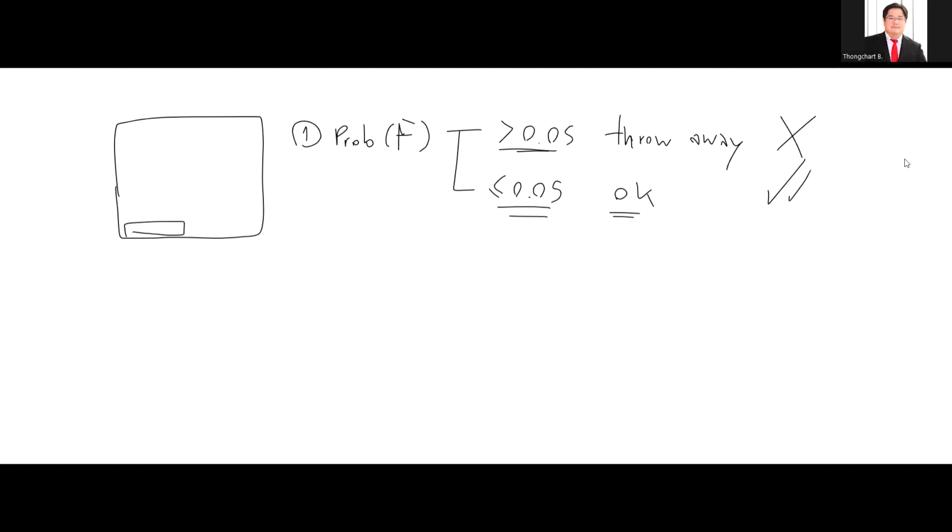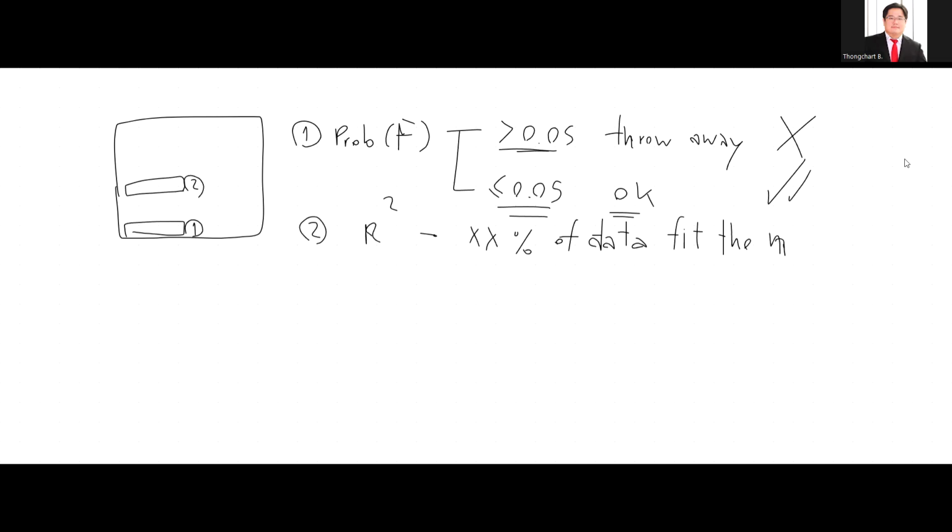Then you go to read R square, right? R square is no problem for you because all of you can answer this. R square tells you how many percent of the data fit the model.